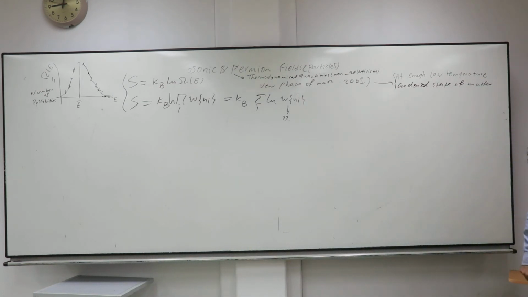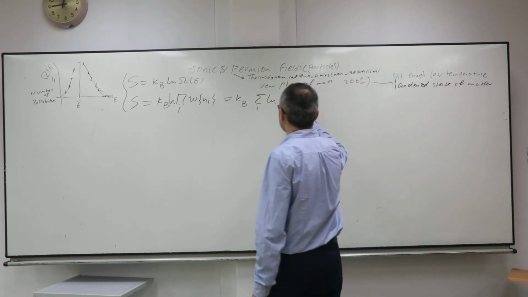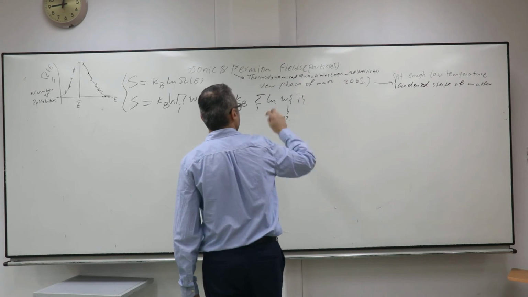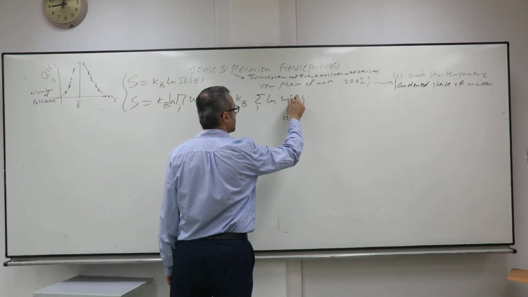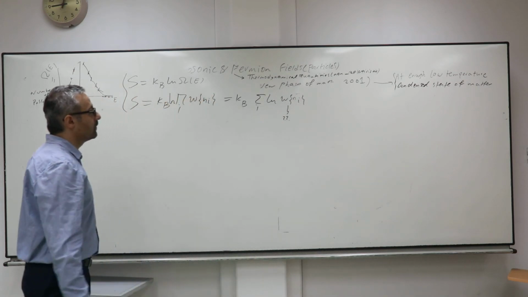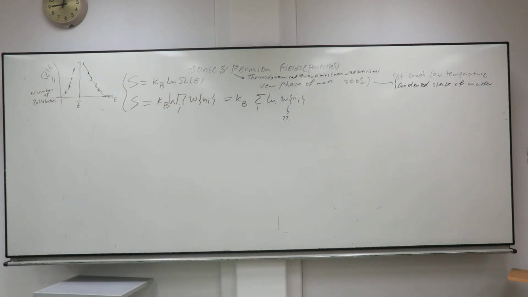Now I want to write W(Ni), or Wi, it is better to write Wi. What is that?